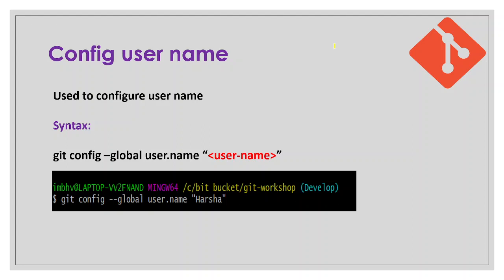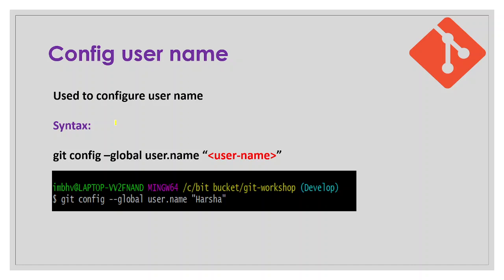This command will provide the username. This is the command git config --global user.name, and you need to provide the username here. Why do we need this username, and why should it be at global level? Whenever you are going to commit, if you don't set this username, you will see an error.